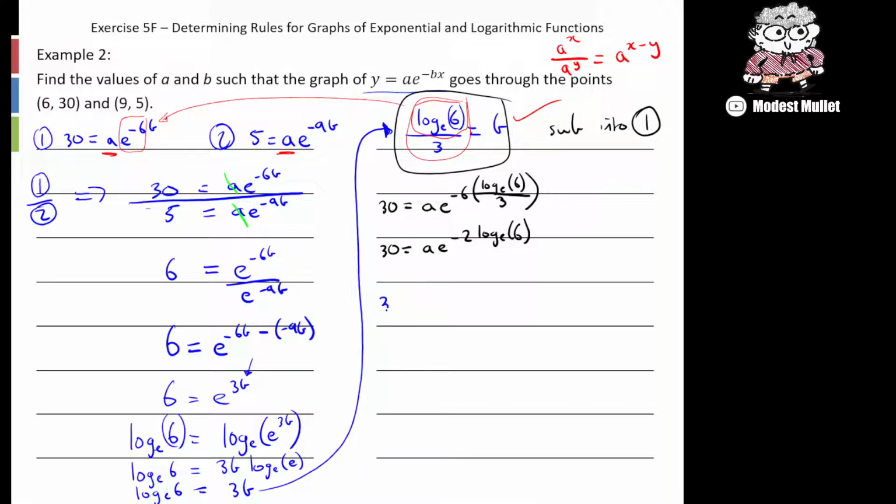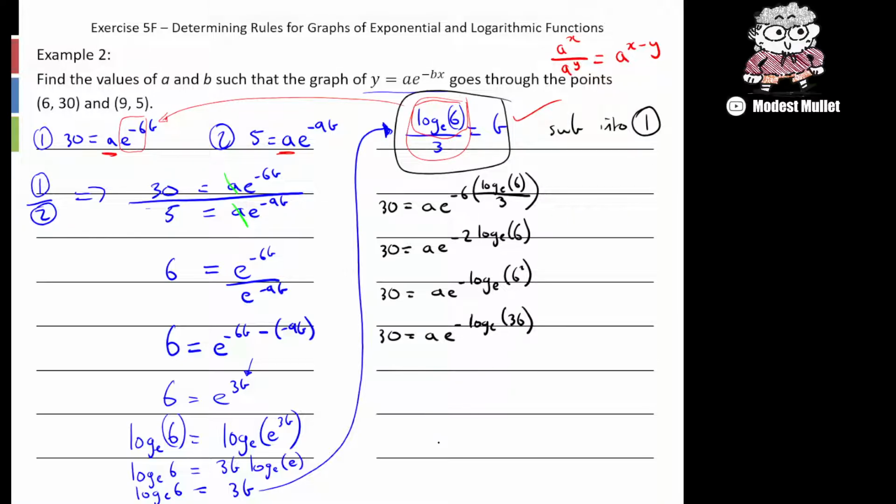So let's go back to our problem. 30 is equal to a times e to the negative log base e of 6 all squared. So that's going to give me 30 is equal to a times e to the negative log base e of 36.